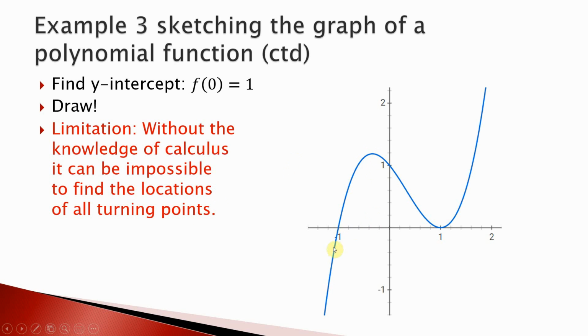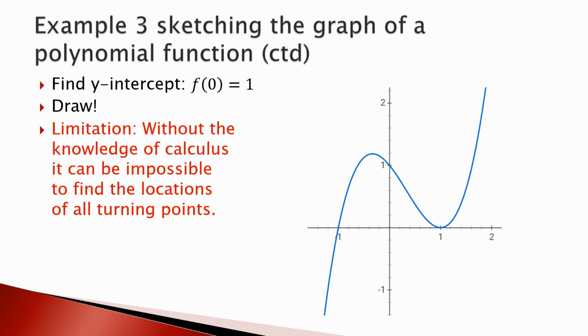So it can even be like that. So this point can be anywhere. If not for a computer, we cannot graph it with the knowledge we have in this course.